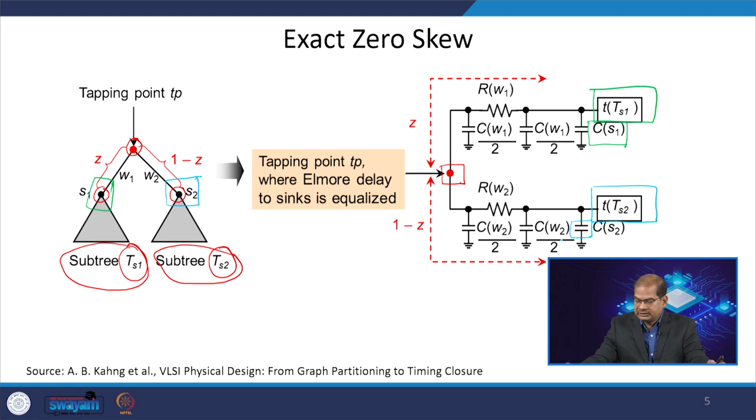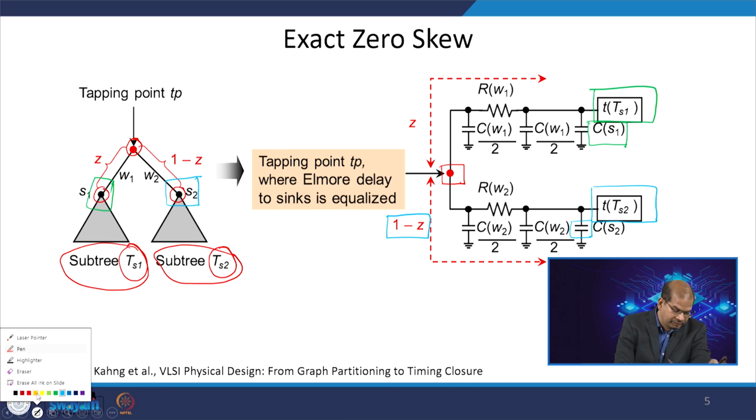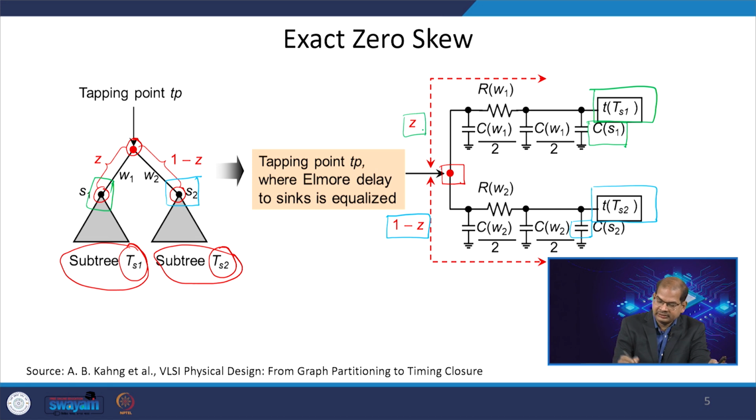So, both capacitances are different. Now, we have two different pieces of metal: one with length Z and another with length 1 minus Z. So, here you can see this is the length Z.